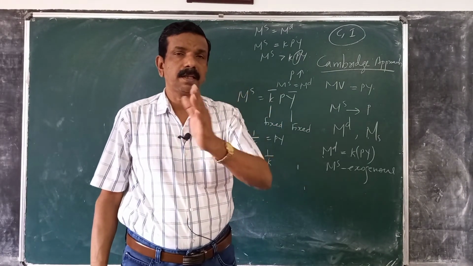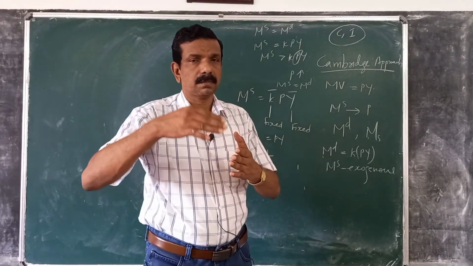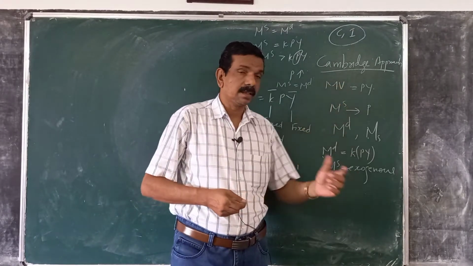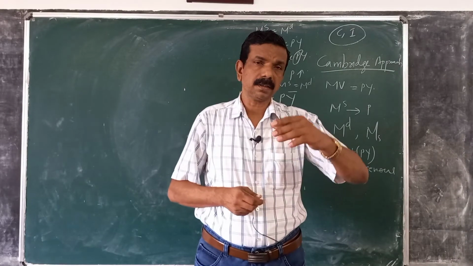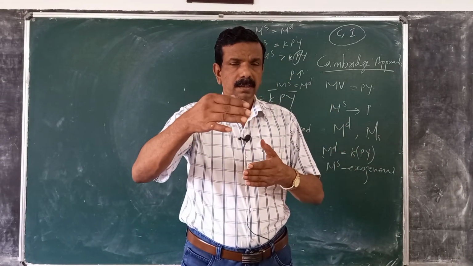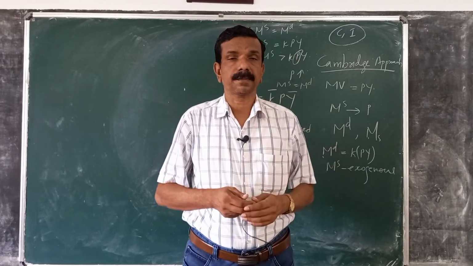How does money supply affect price level, which is lacking in the equation of exchange? If there is an increase in the money supply, individuals will realize that they have excess supply of money.